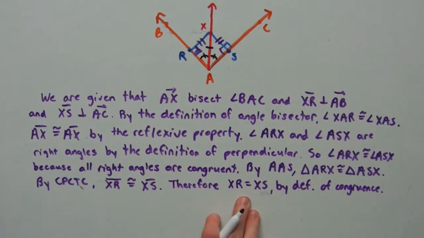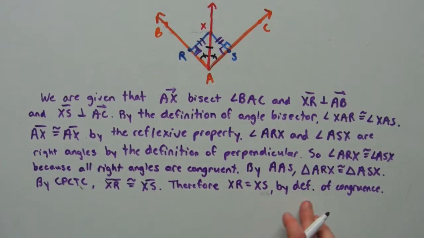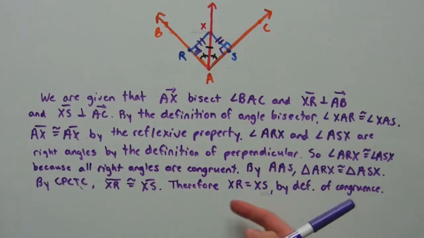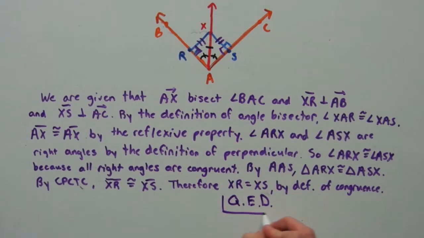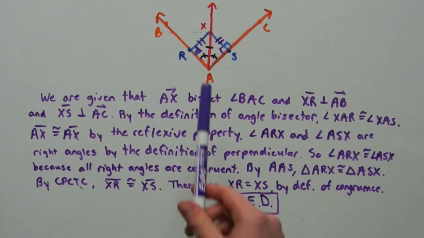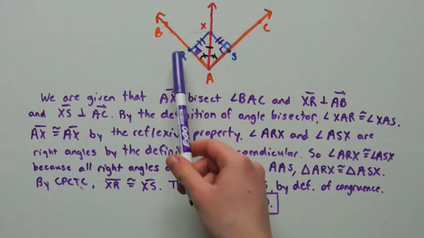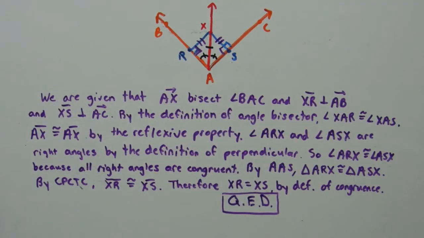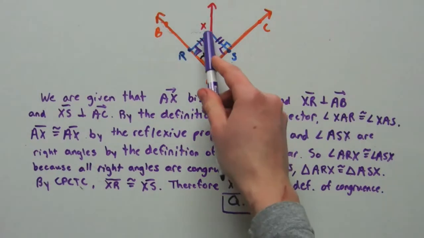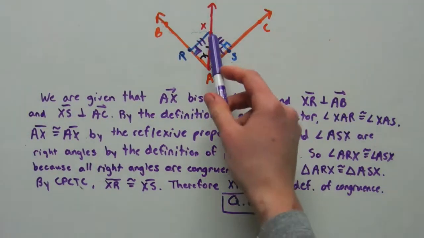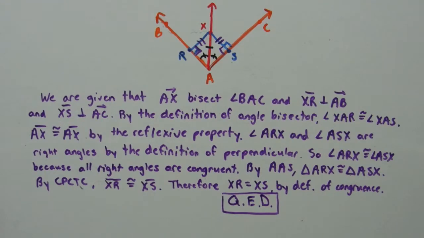Therefore, the distance XR is equal to the distance XS. And that's by the definition of congruence. Since they're congruent segments, they're also the same measure. And that is what we needed to prove. Given a point on the angle bisector, in this case our point was X, then it is equidistant from the sides of the angle. The measure of XR is the same as the measure of XS.